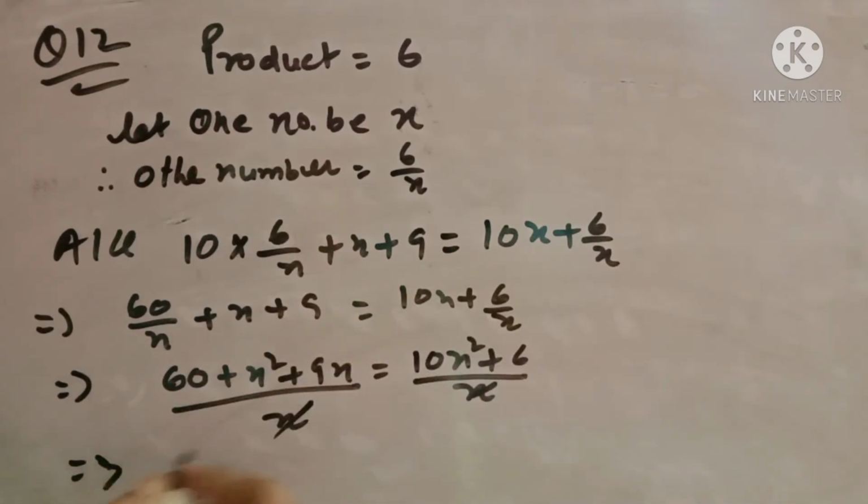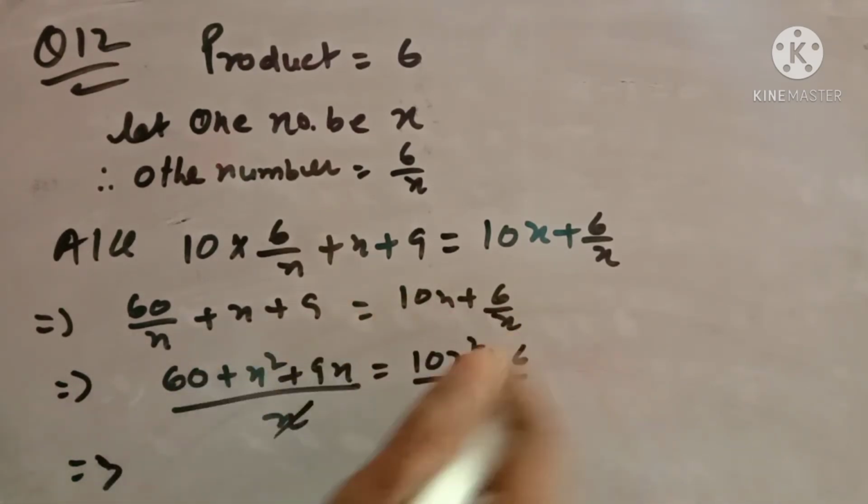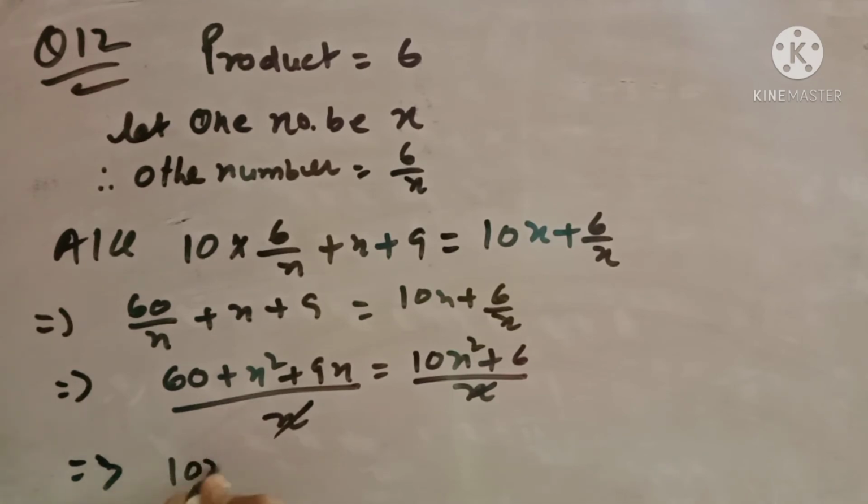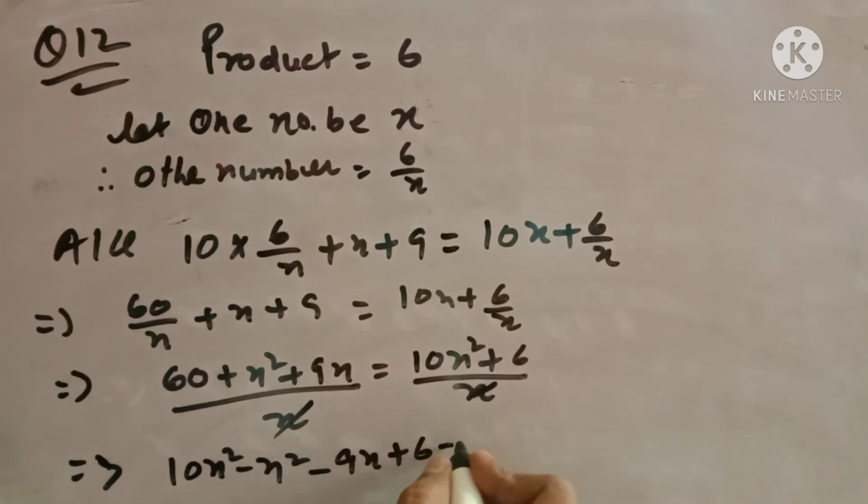Now either you take this one this side or that one that side, it depends on you only. I am taking this number this side. So 10x square minus x square minus 9x plus 6 minus 60 equal to 0. It will come 9x square minus 9x minus 54 equal to 0.